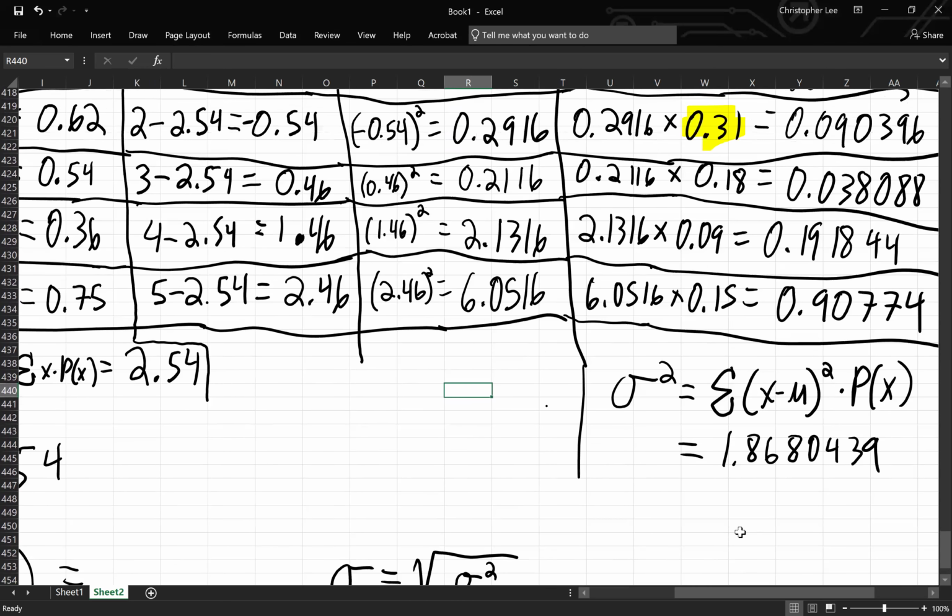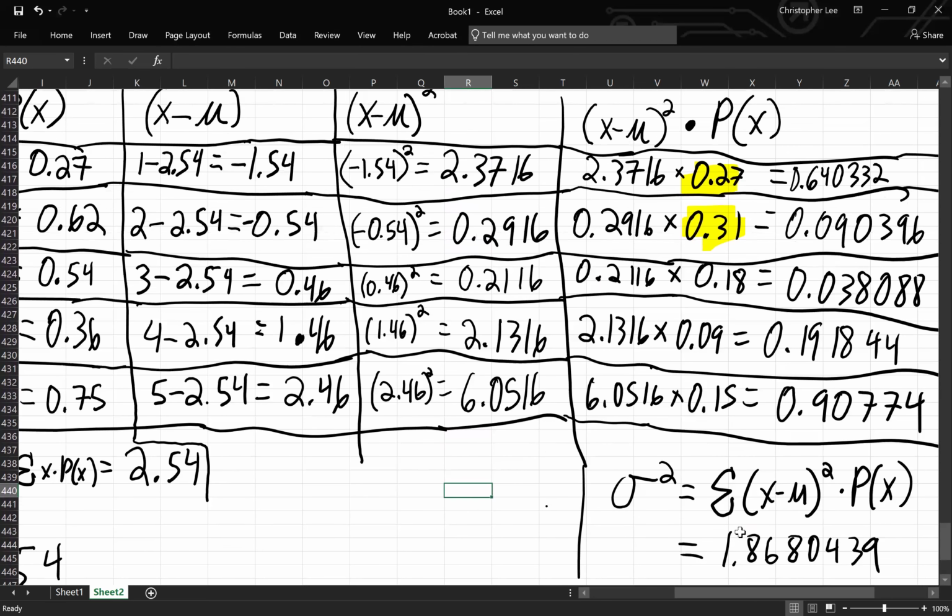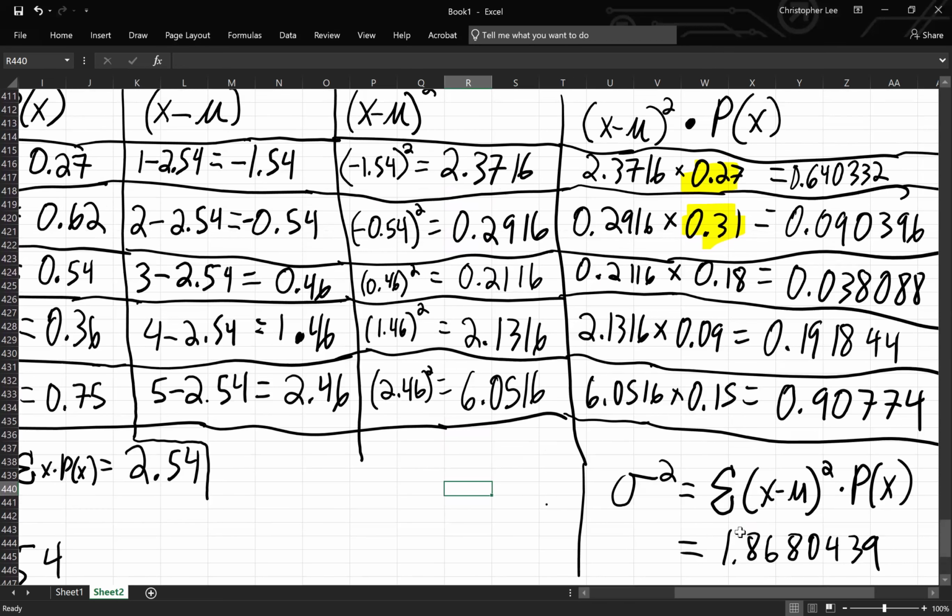You want to see this part? Okay. So you're just square rooting this number on the bottom, in case you didn't get a chance to see. The 1.868439. There was no zero there.